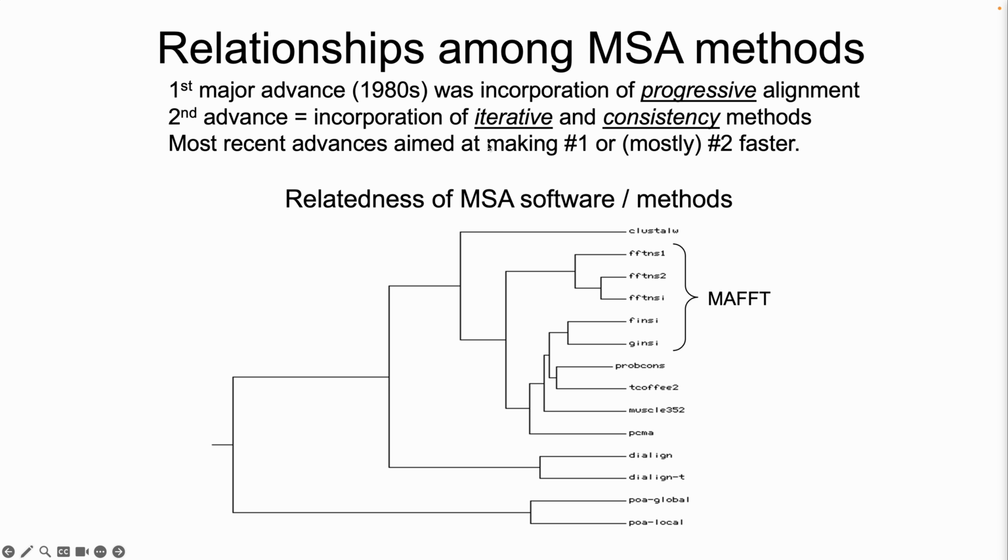Since then, over the last decade or so, it's really just been computer science ways of getting these things to run faster. Not just faster hardware, but MAFFT, the two F's are for fast Fourier transform. It's just a way to index the sequences to make it run faster on the computer.